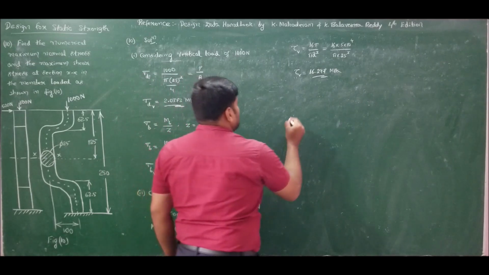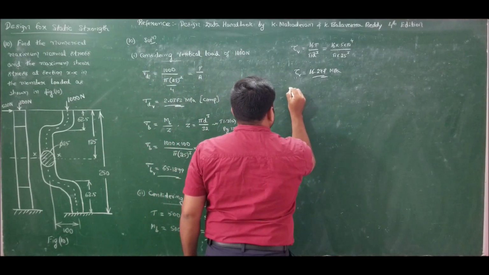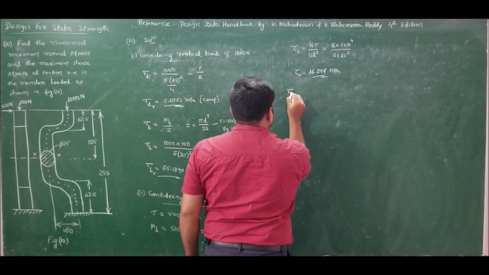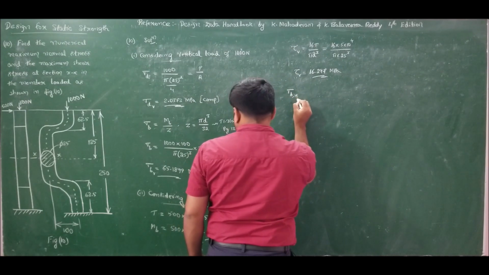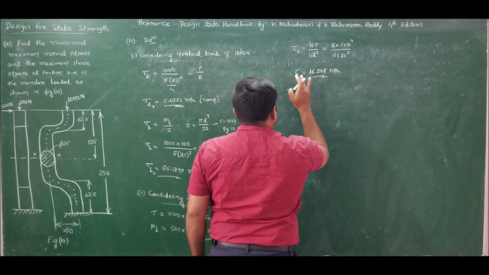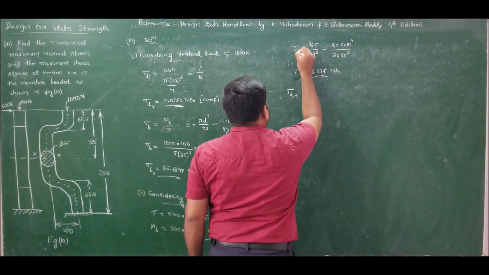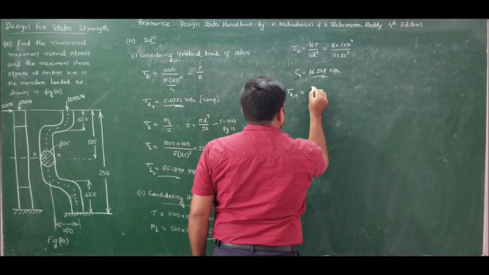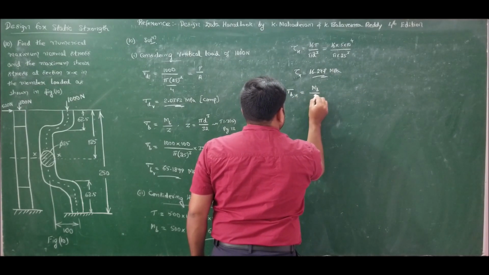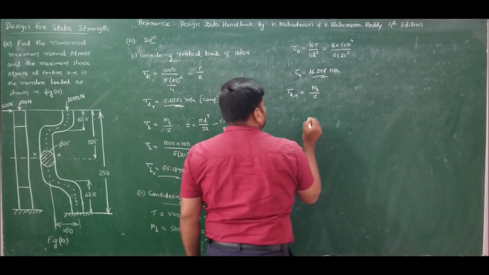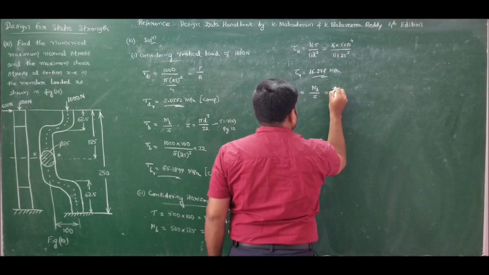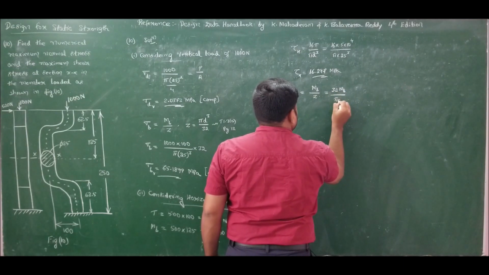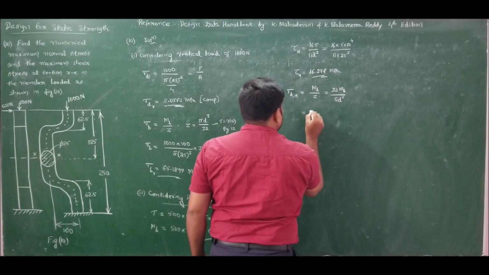Now coming for Mb, we have bending stress, so therefore sigma bending due to horizontal component is equal to Mb by Z. For circular cross section it is given by 32 Mb by pi d cube.